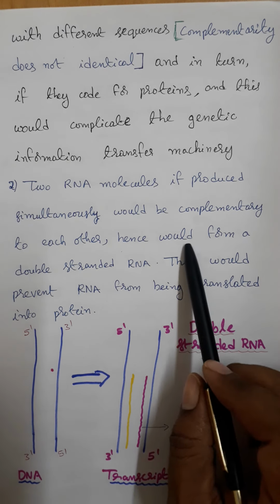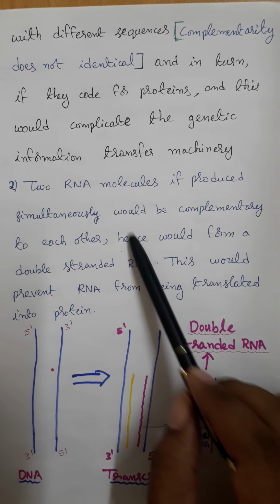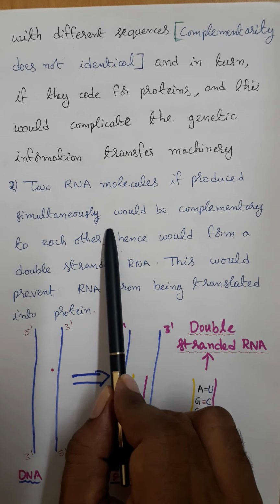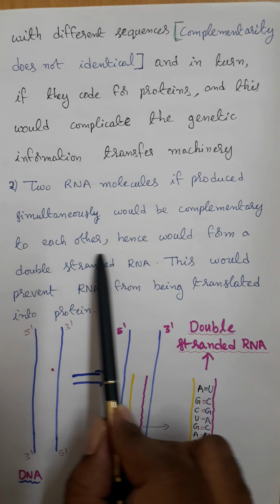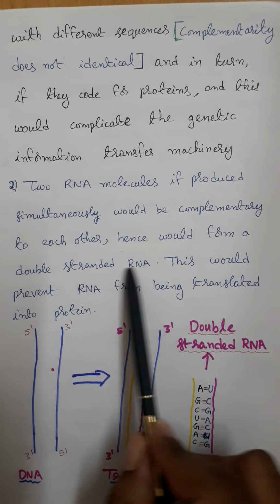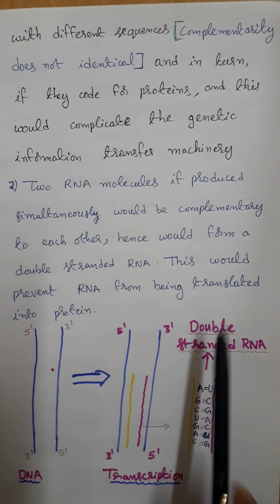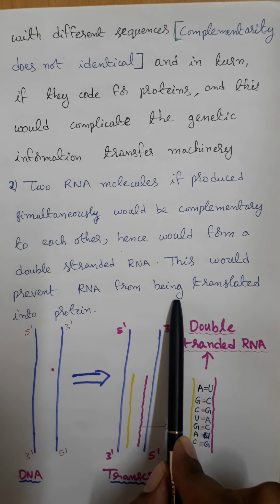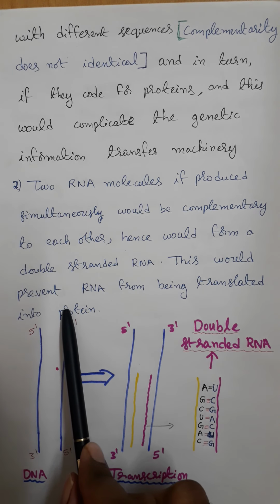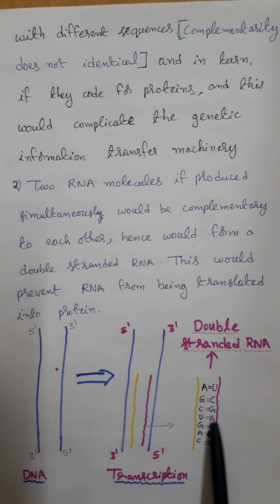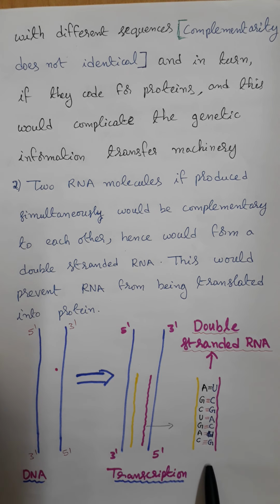Okay, so here double stranded RNA is formed. Two RNA molecules if produced simultaneously would be complementary to each other, hence would form a double stranded RNA. This would prevent RNA from being translated into protein. So the double stranded RNA is not able to be involved in synthesis of proteins.